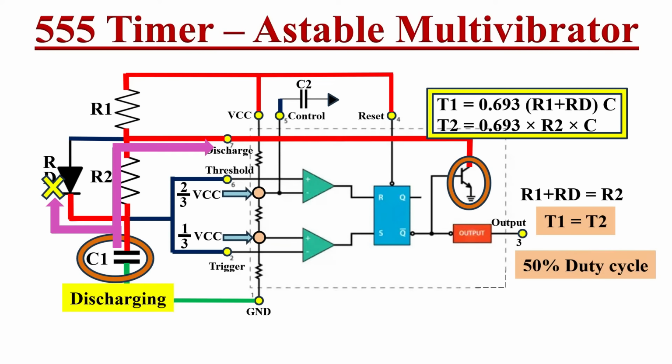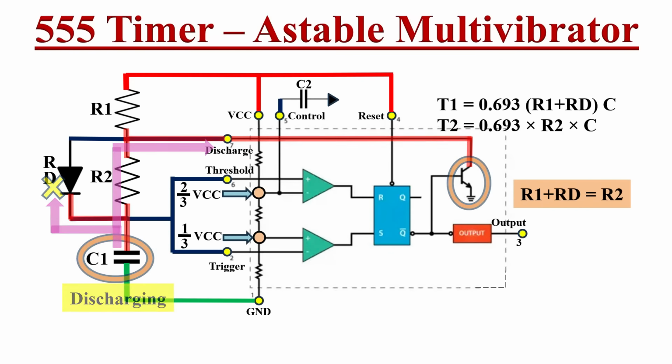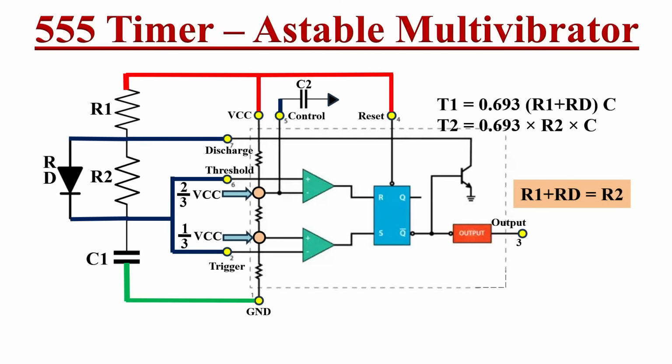So we can achieve a 50% duty cycle. To make R1 plus RD equal to R2, we can use a variable resistor in place of R1. Suppose we assume this diode is an ideal diode, then the diode's forward resistance RD will be equal to 0. In that case, we must make R1 equal to R2.